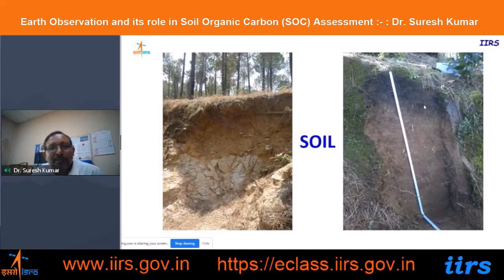But here you see the soils are very dark on the surface layer, and the subsurface layer is slightly lighter. So here you can say a lot of organic carbon has been deposited. So we want to estimate how much soil carbon is present in our soil, in agriculture soil or forest soils or any other soil type.